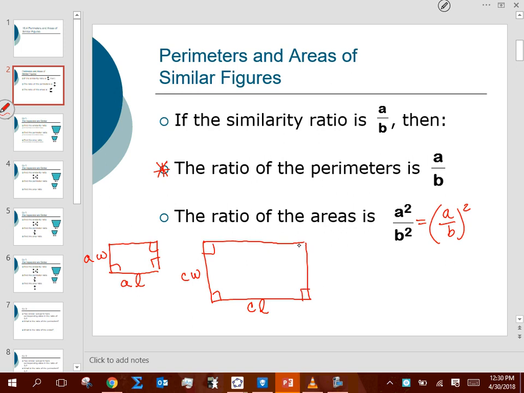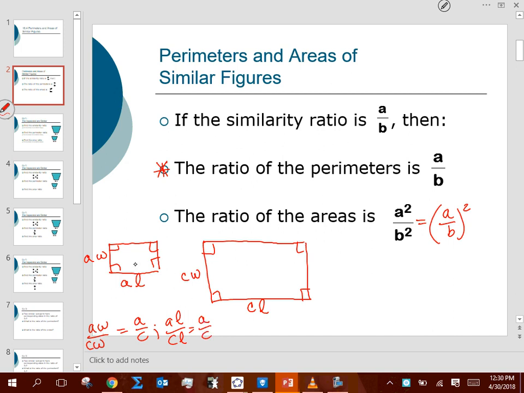Okay. Would you guys agree that these are similar by a scale factor of A over C? Okay. If I tell you that they're similar, so we know that, and then I go through and find the scale factor, AW, you guys agree at that? AW should compare to CW? And that's going to reduce to A over C, right? Can I look at AL, compare that to CL, and is that still going to reduce to A over C?